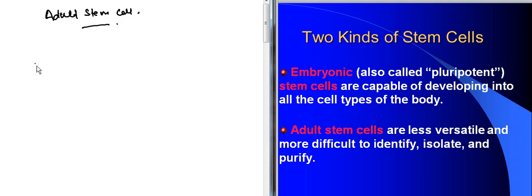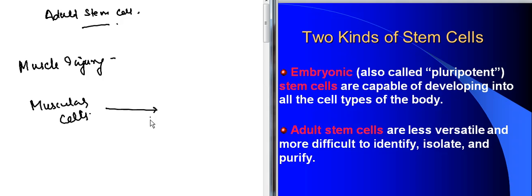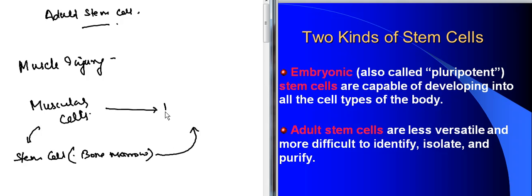Suppose I have a muscle injury, so the muscular cells or your stem cells which are present in bone marrow form new muscle cells to replace the damaged muscle cells.